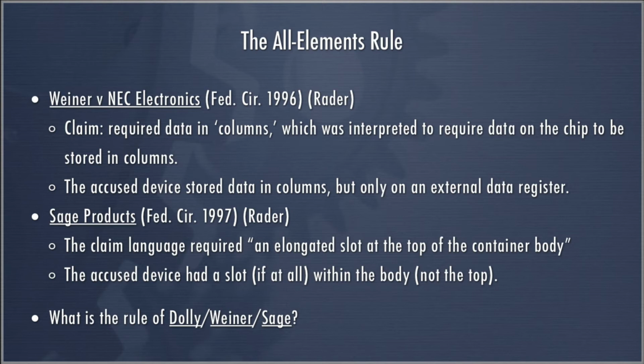No equivalence, no infringement. So the big question with these cases, and indeed with the vitiation theory and the all elements rule generally, is where do you draw this line, right? Because taken to extremes, the all elements rule and this theory of vitiation can essentially mean that there's no doctrine of equivalence at all, right?